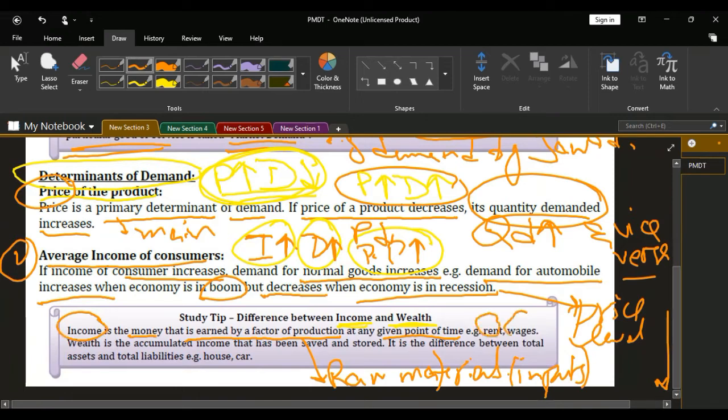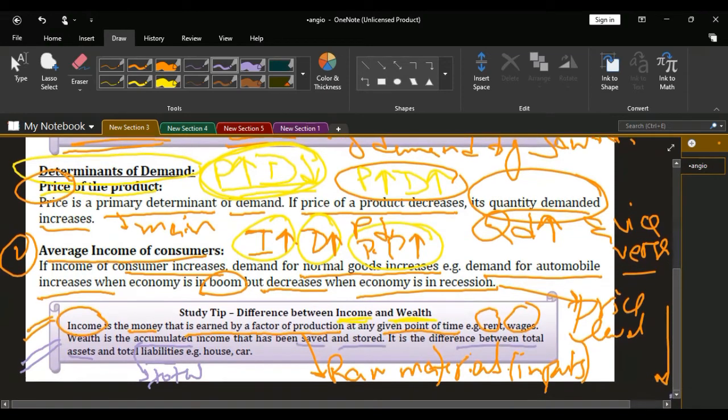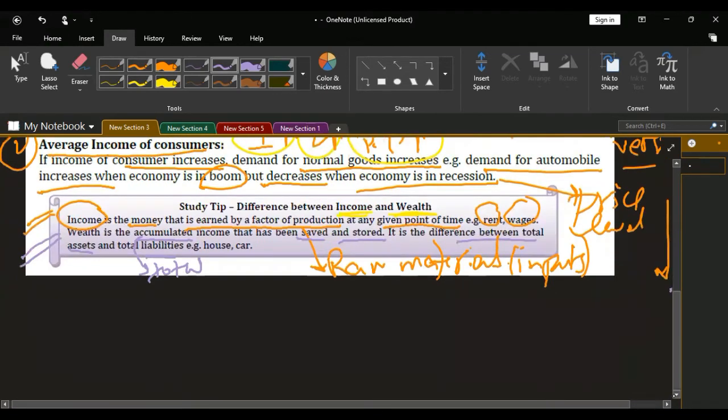For example, rent, wages, whereas wealth is the accumulated total income that has been saved and stored. It is the difference between the total assets and total liabilities. So the difference between total assets and total liabilities is called wealth.